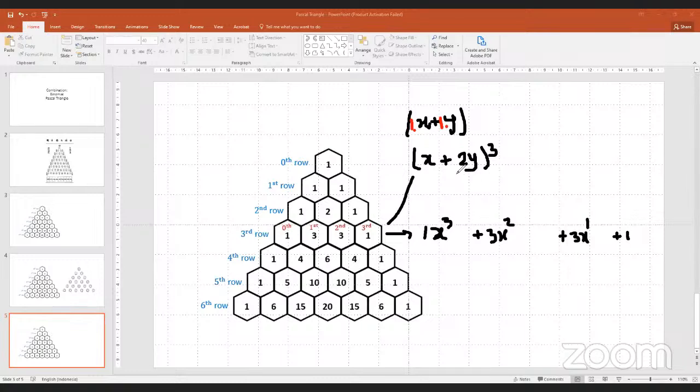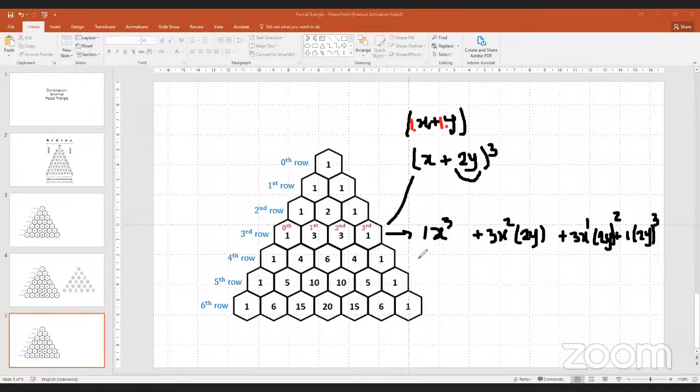Now this one, you have to do them as one unit. So here, 2y. And then here, 2y square. And here, 2y to the power 3.